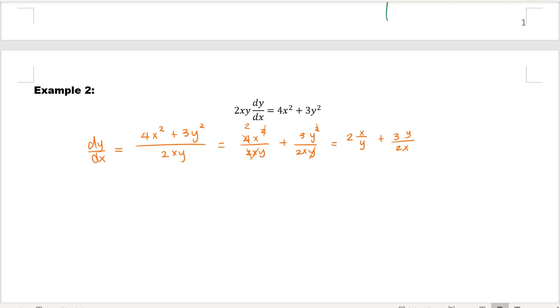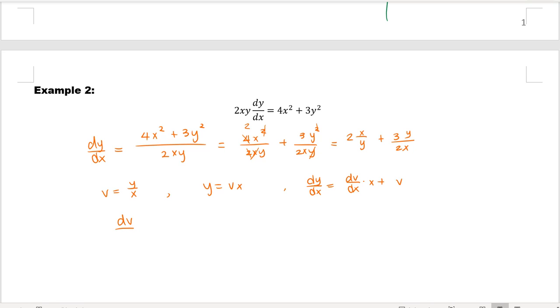Okay, now we're ready because we let v be y over x, and then we get y equals vx, and then dy/dx by product rule. So dv/dx times x plus v times the derivative of x, which is 1. Okay, now we can plug in.